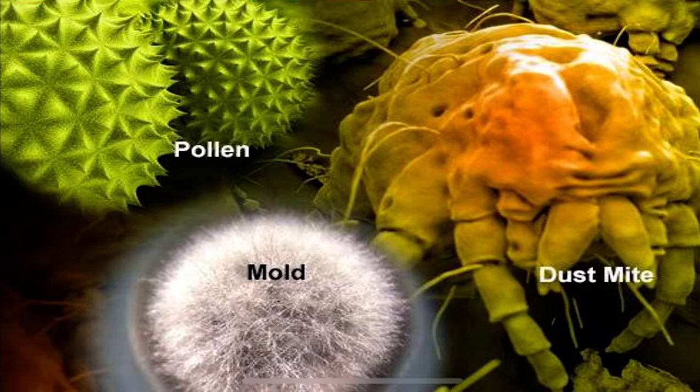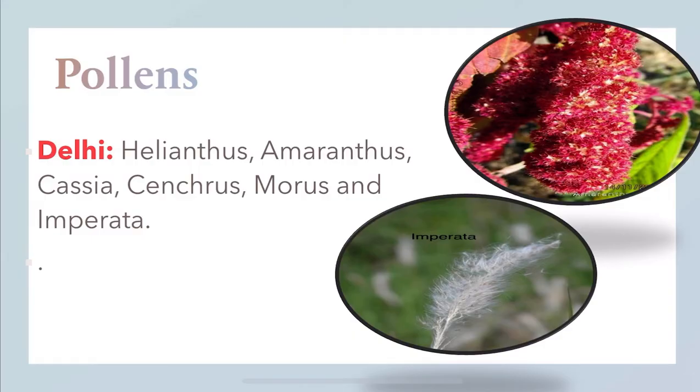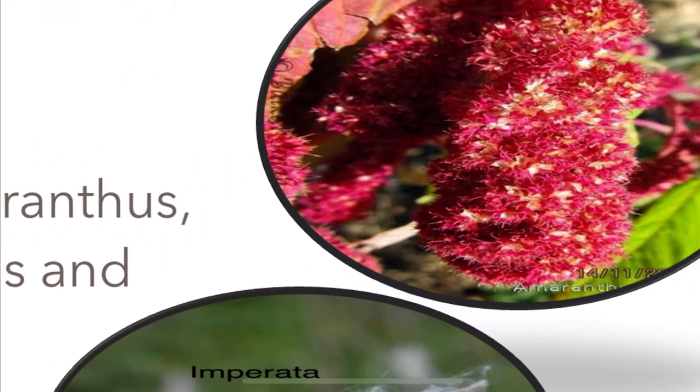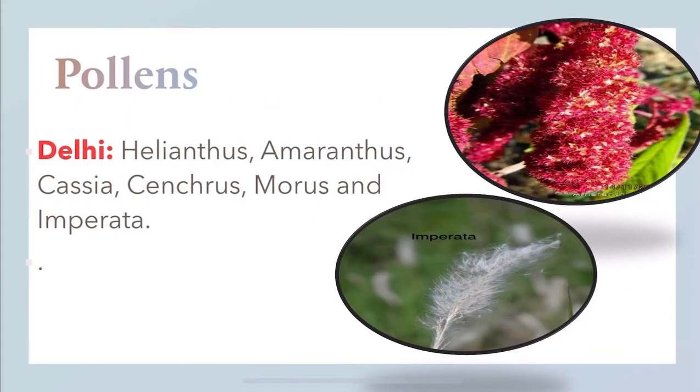The pollen, mold, dust mite. Pollens in Delhi: helianthus, amaranthus, cassia, cenchrus, morus and imperata. You can see the picture of imperata and amaranthus.